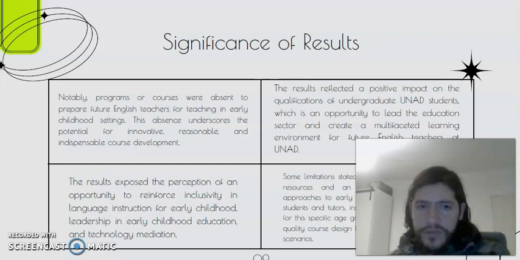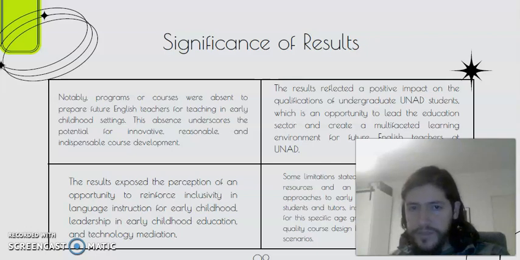And of course, this represents a potential innovation reasonable to make this course. The second one, the results exposed the perception of opportunity to reinforce inclusivity. So there is a lack of focus on this group in universities, and UNAD can lead this process and use technology mediation for it.